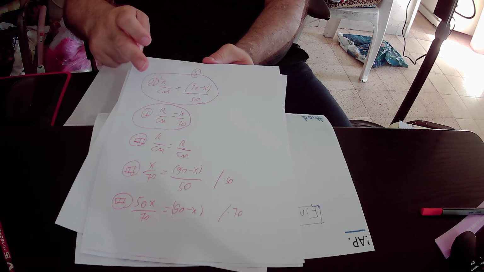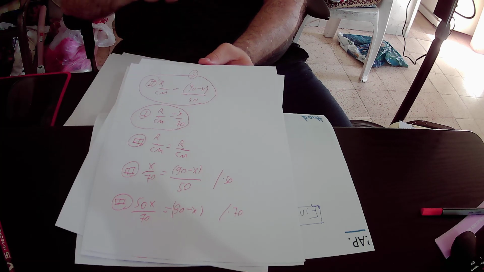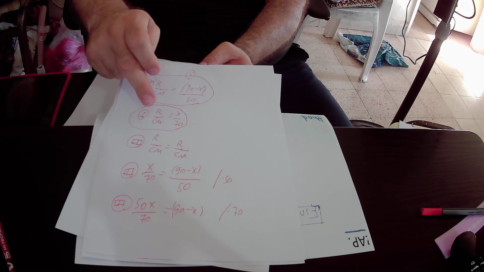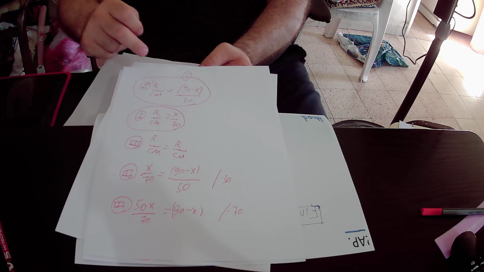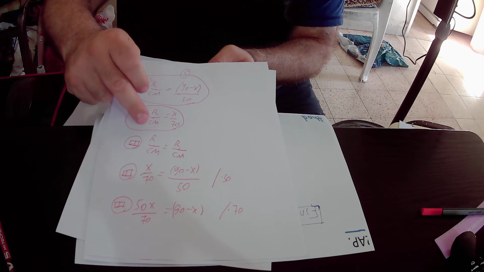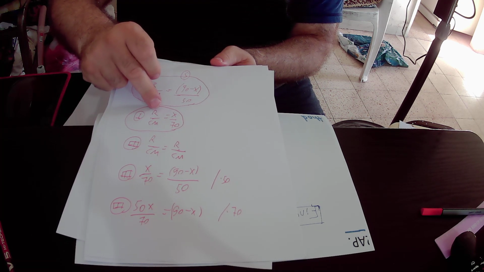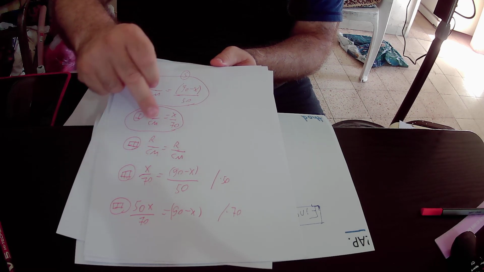But we know from the first equation that R over CM also equals X over 70. So we created the third equation that states that R over CM equals R over CM. And then we substituted R over CM on this side of the equation by the value of R over CM from the first equation, that is to say X over 70.